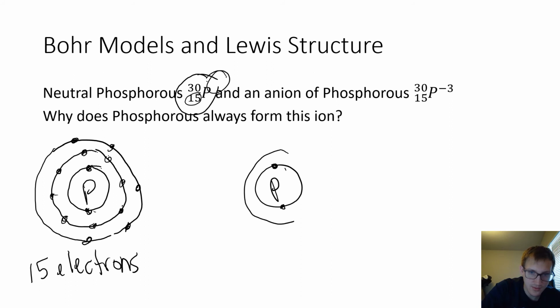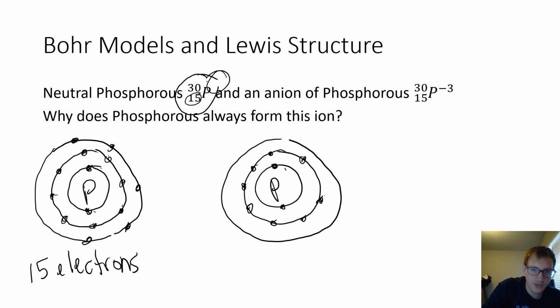2 and 2. I've got 1, 2, 3, 4, 5, 6, 7, and 8 in that one. And then here's where it changes. In the third level, notice that I've gained 3 electrons. Okay, I have a -3 charge. Okay, 3 more negatives.